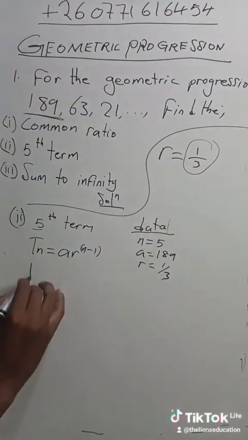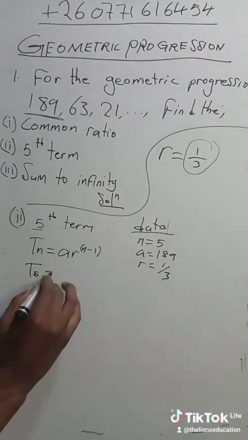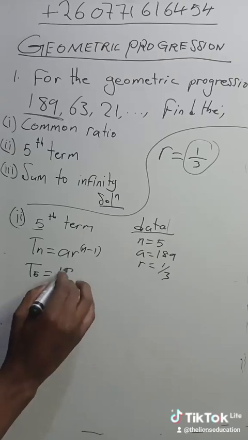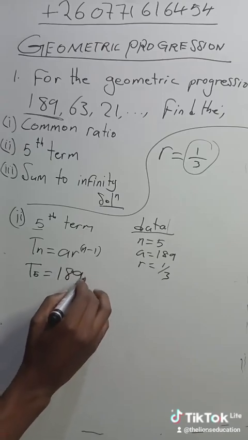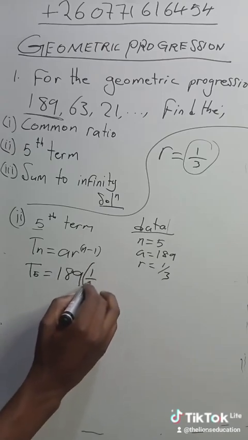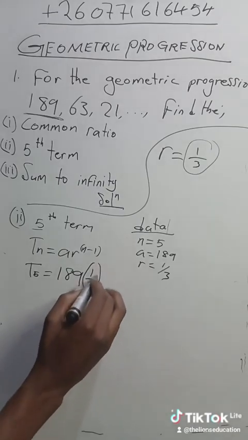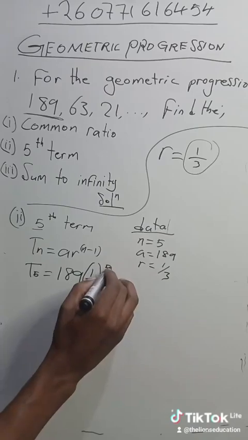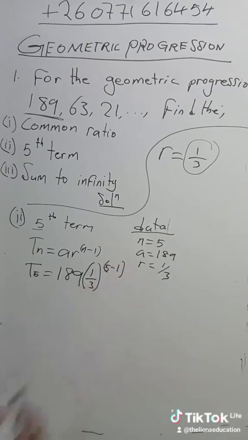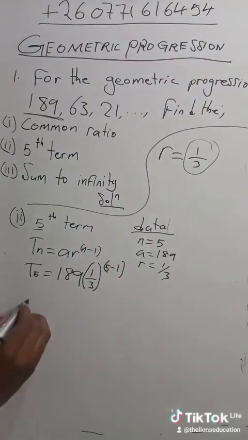T5 is equal to 189 times 1 over 3, which is R, to the power 5 minus 1. Hope you are following.